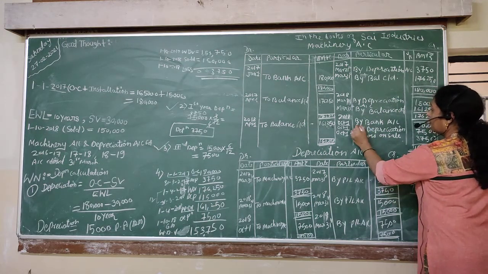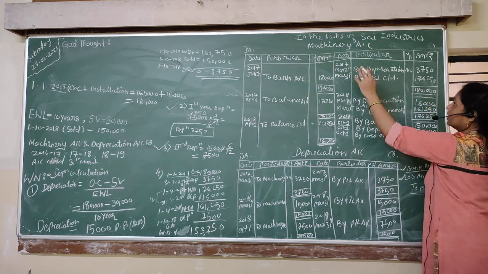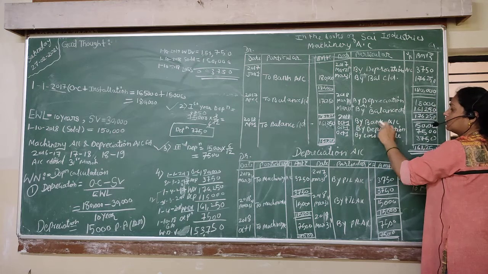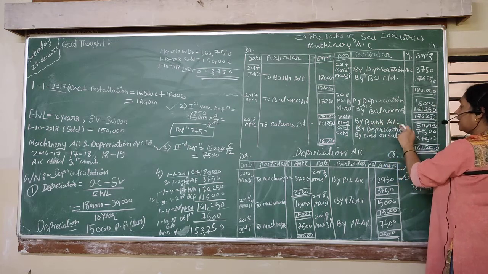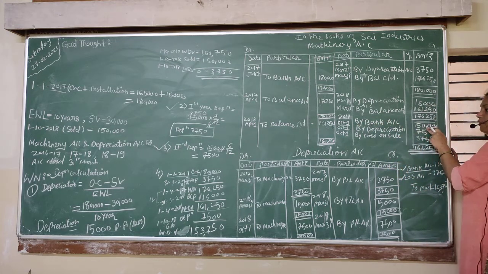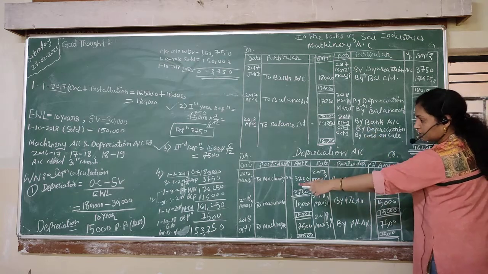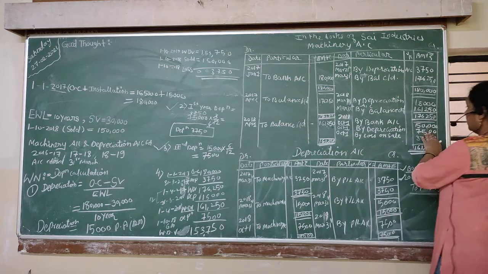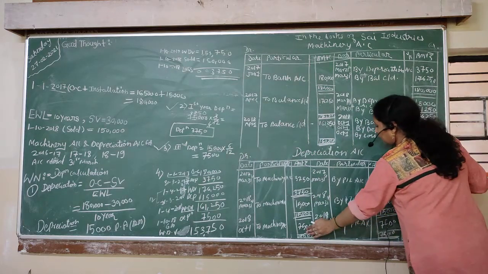So the selling entry will be: bank account debit to machinery account. On the credit side of the machinery account, we will write by bank account, the selling price 1,50,000, and the third year's depreciation, which we have already recorded, 7,500 here and 7,500 here.